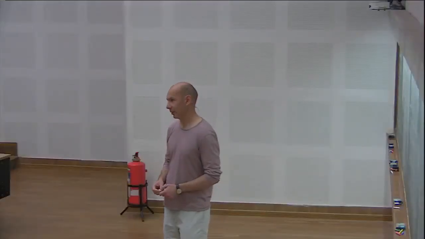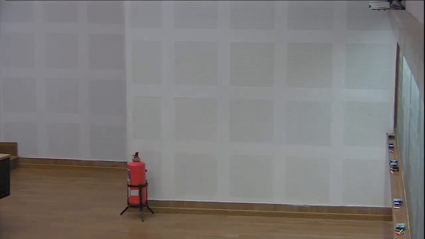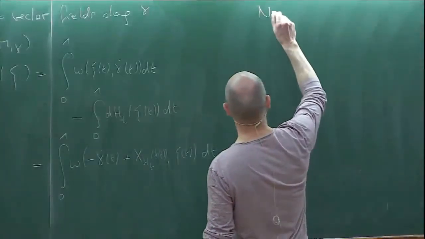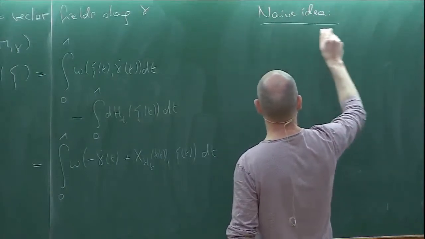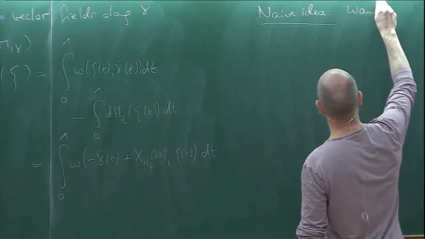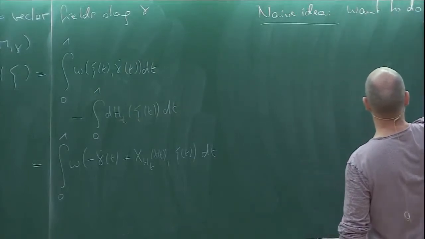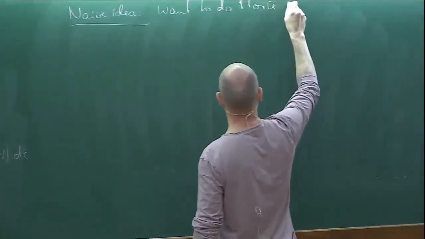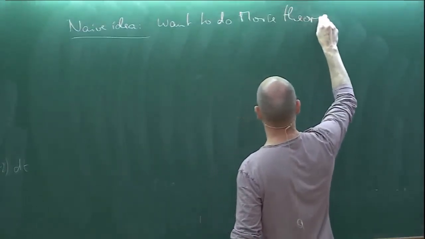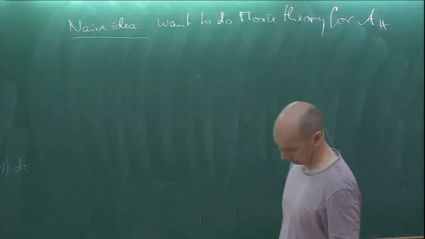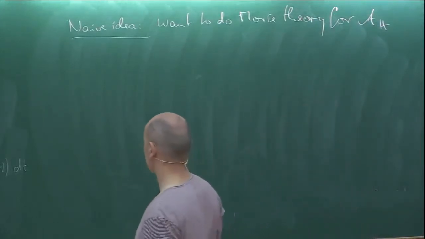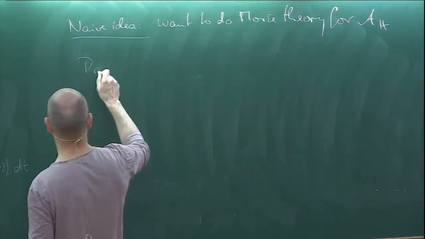Now, here, that idea runs into serious trouble, right? So the naive idea is we want to do Morse theory for AH. And there are several problems.